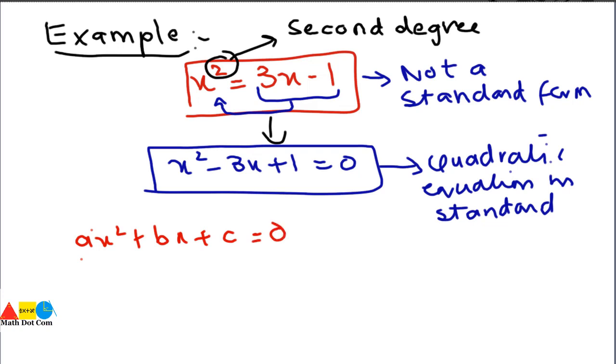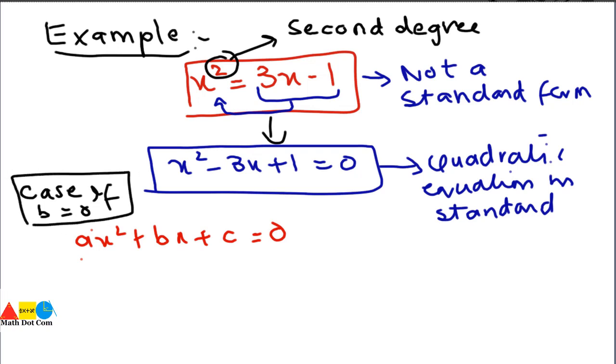Now let's discuss the case if b is equal to 0. We have already seen what happens if a equals 0, but we have not discussed what happens if b is equal to 0. What will happen then?